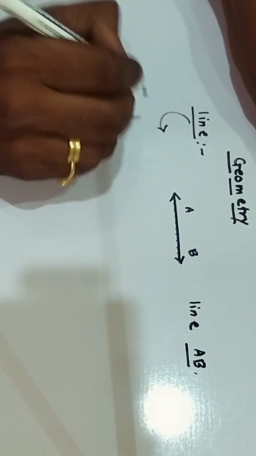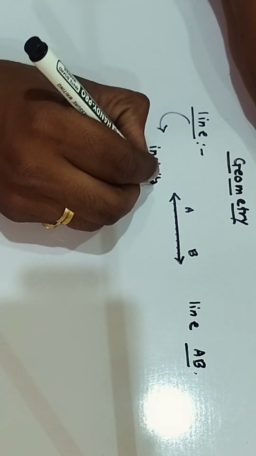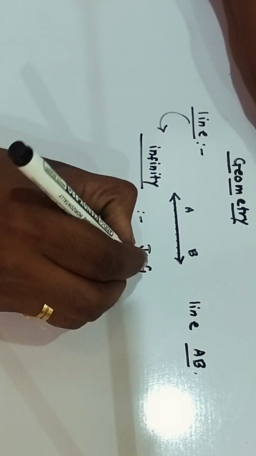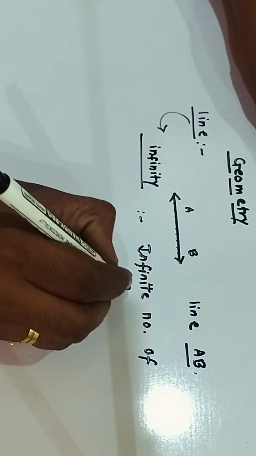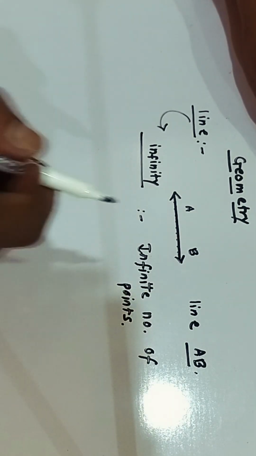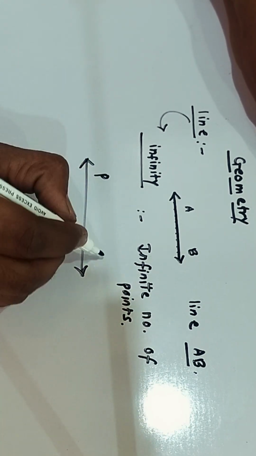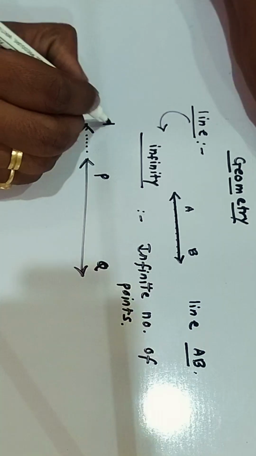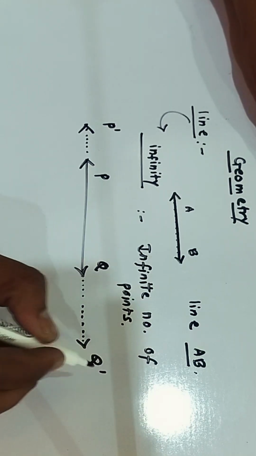Some characteristics of the line: the line is traveling towards infinity, and the line contains an infinite number of points. This line can be extended in both the directions, like it will get extended in this direction from point P to P dash, as well as up to Q dash.